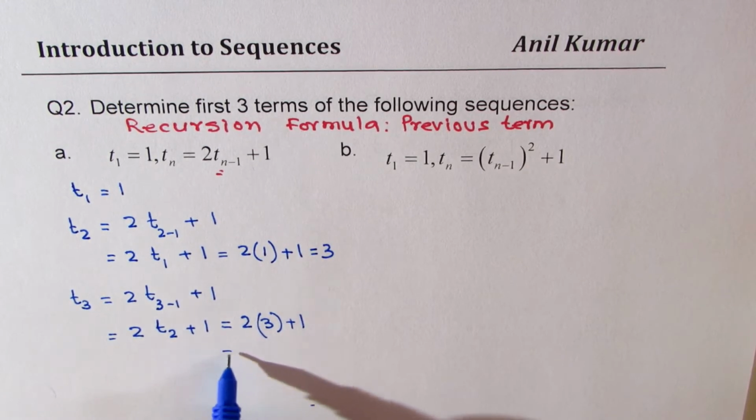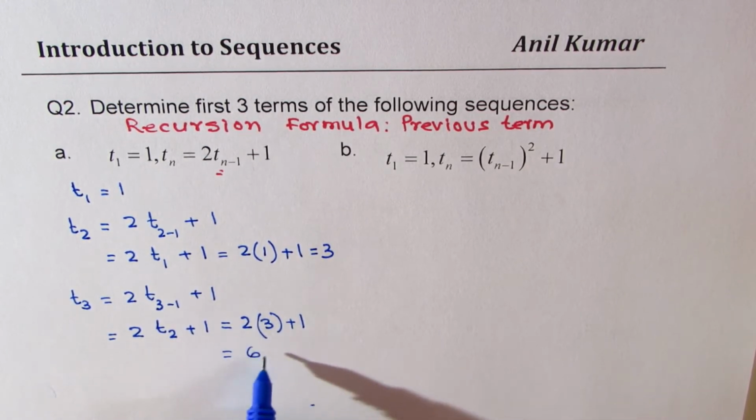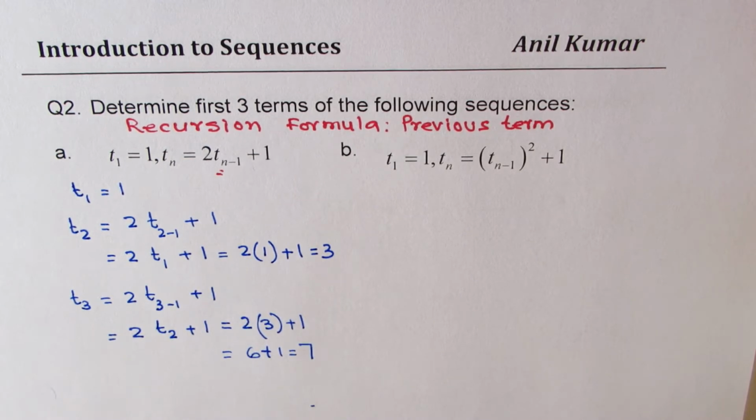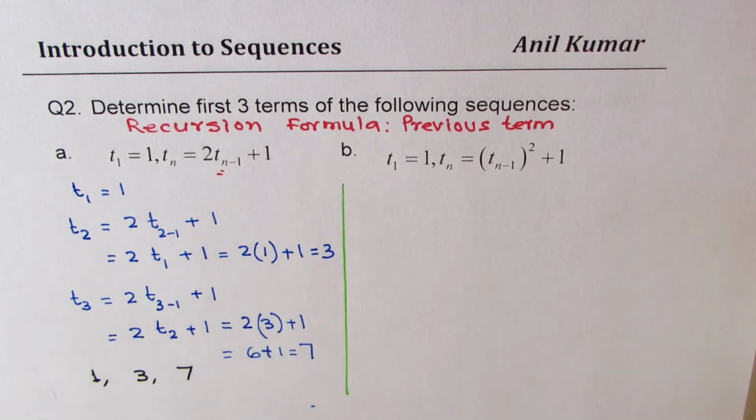That gives you 6 + 1, which is 7. So the three terms from the given formula will be 1, 3, and then 7. Perfect. So that is how you have to build your sequences in terms of the previous term. I hope how to apply the recursive formula is clear, right?